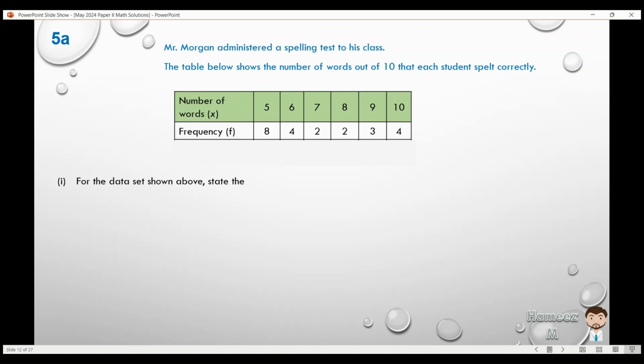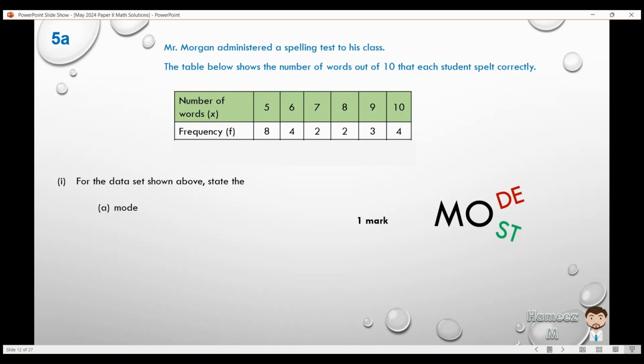For the data set shown above, state the Part A, mode. So let's recall what mode is. Mode, M-O-D-E, is really asking us to figure out which number of words appears the most.